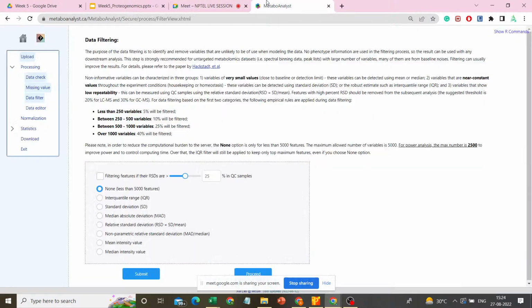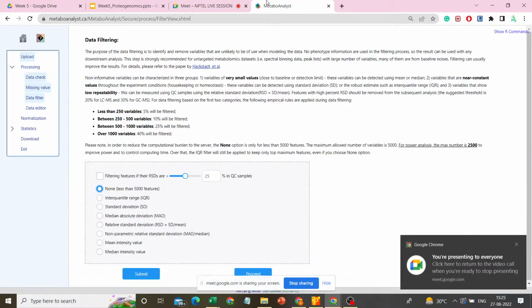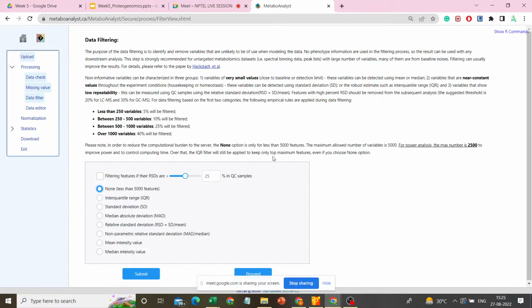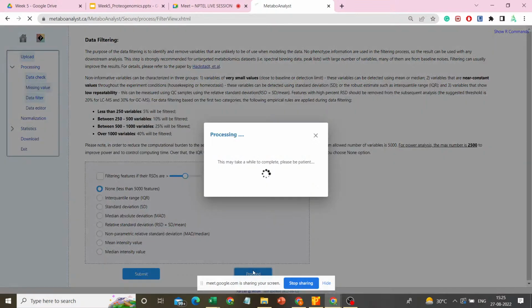So the imputation is always done within the groups, the two groups. Okay, so then proceed.